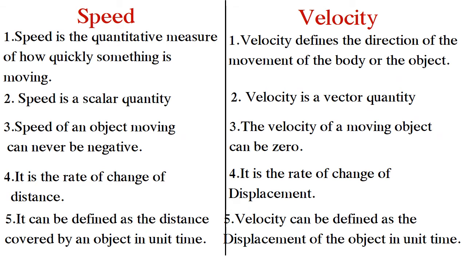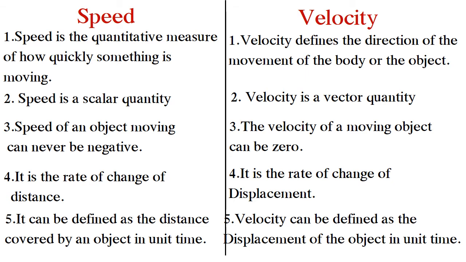So, the difference between speed and velocity. Speed is the quantitative measure of how quickly something is moving. Velocity defines the direction of the movement of the body or object. Speed is a scalar quantity, only magnitude is required, but velocity is a vector quantity, as both magnitude and direction are required.